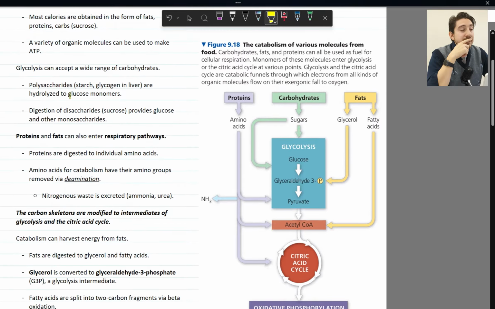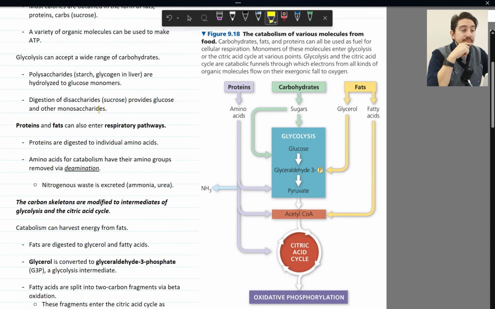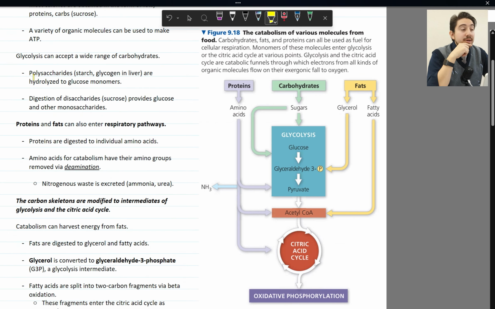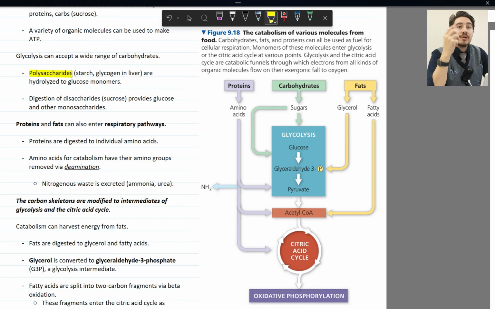So glycolysis in itself can accept a wide range of carbohydrates, okay? You can initially start with polysaccharides, starch, glycogen, and so forth, which can ultimately be hydrolyzed into glucose monomers.